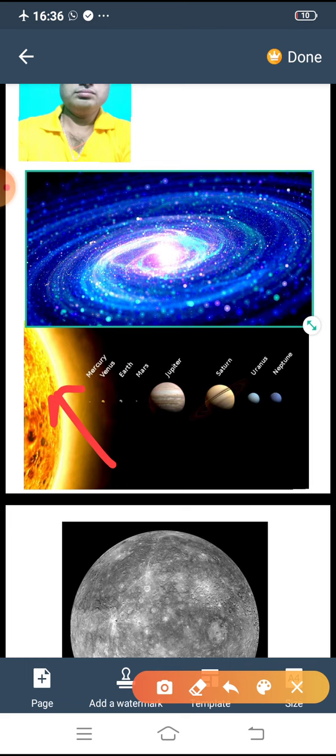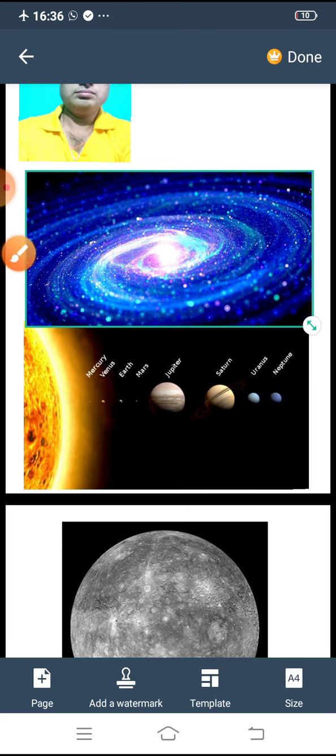Our solar system consists of the Sun and its gravitationally bound system, which includes the 9 known planets, but now it has become 8, the satellites, the asteroids, the comets, and the interplanetary dust. It is believed that the solar system was formed around 4 to 6,000 million years ago.